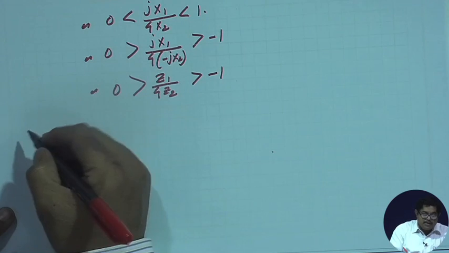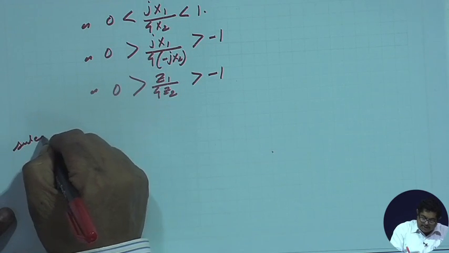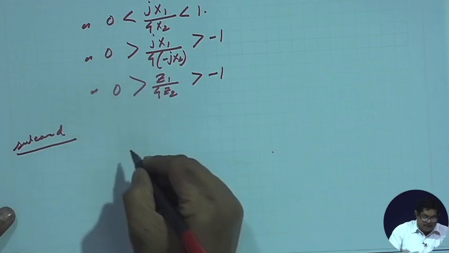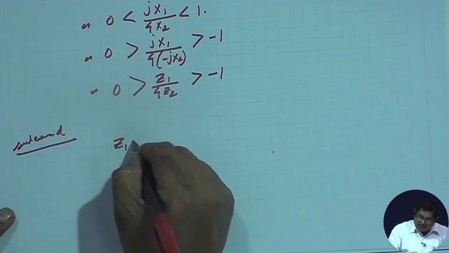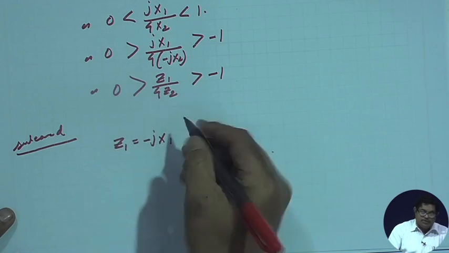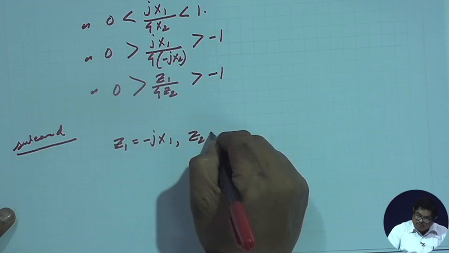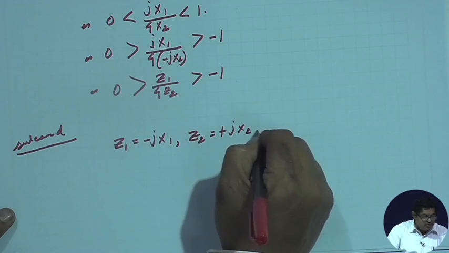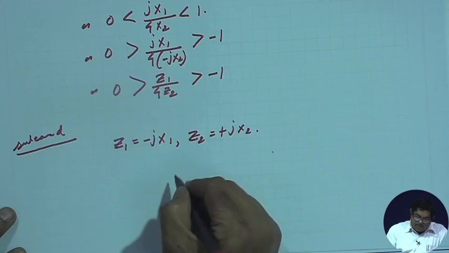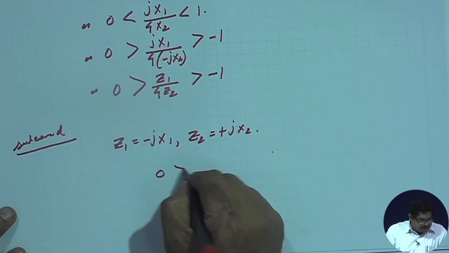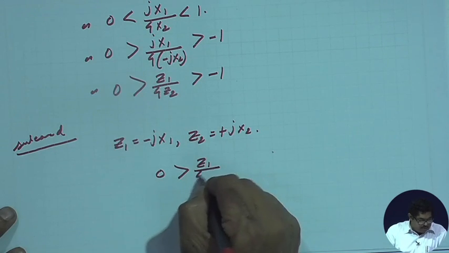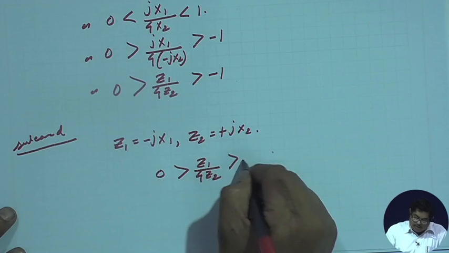Let us see subcase D: Z1 is equal to minus jx1, Z2 is equal to plus jx2. Again, you get the condition that Z1 by 4 Z2 lies between 0 and minus 1.